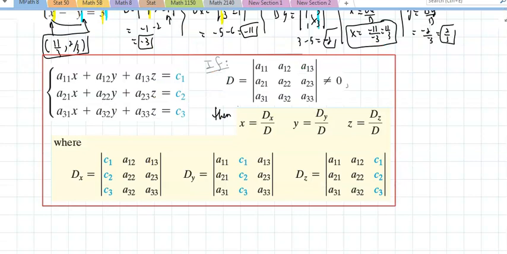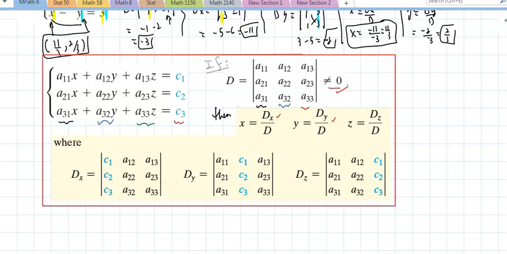And for a 3 by 3, notice the x's, the y's, the z's, and the constant. First, I find the determinant, which is the x, the y, and the z. And if that doesn't equal 0, then x will equal d sub x divided by this d, y equals d sub y divided by d, and z equals d sub z divided by d, the same as what we did before.